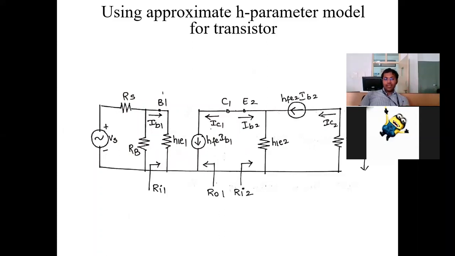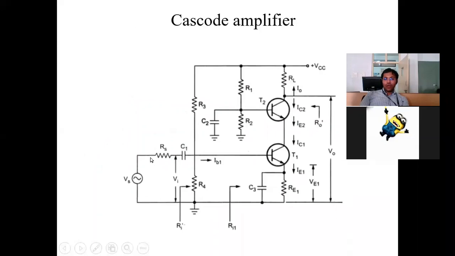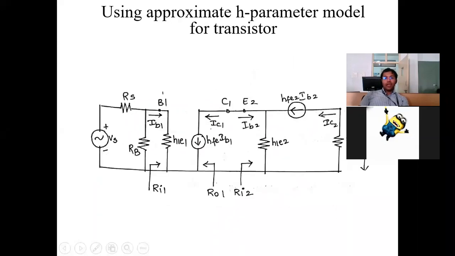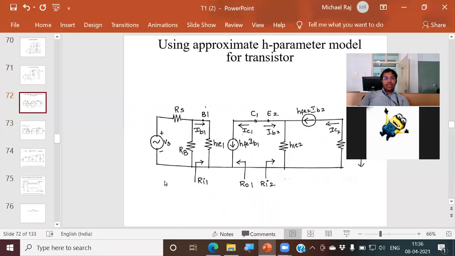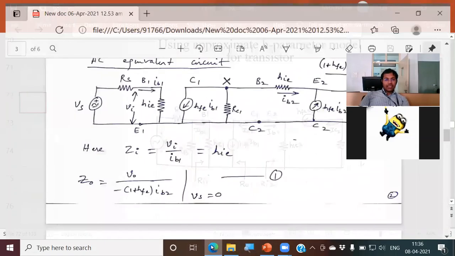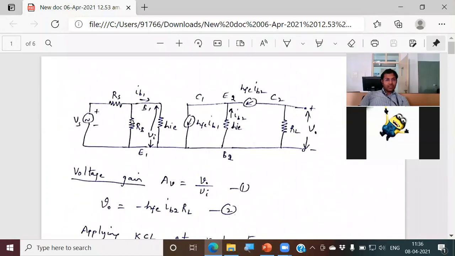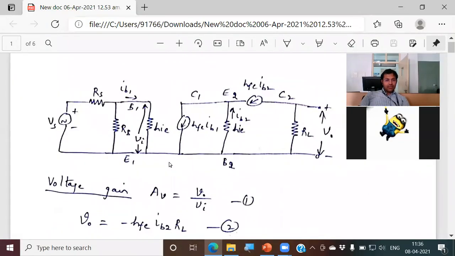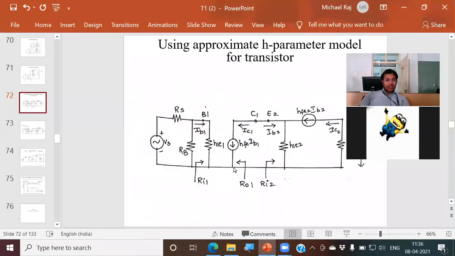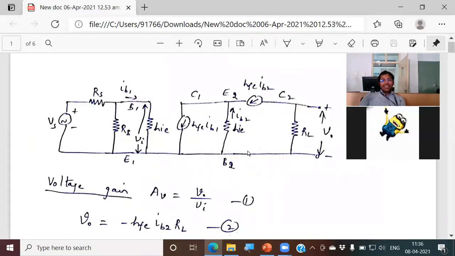We have already seen this, right? Now, if I analyze such a circuit, the results I get are for the overall amplifier. We have started analyzing such a circuit in the previous class. This was the same equivalent circuit. For convenience, I have redrawn it here.